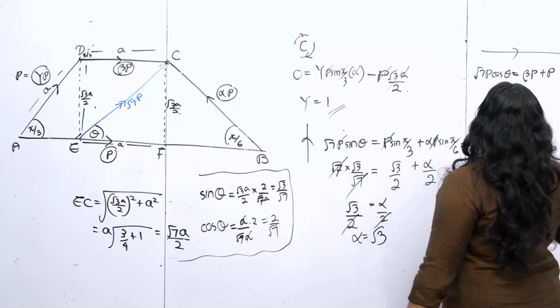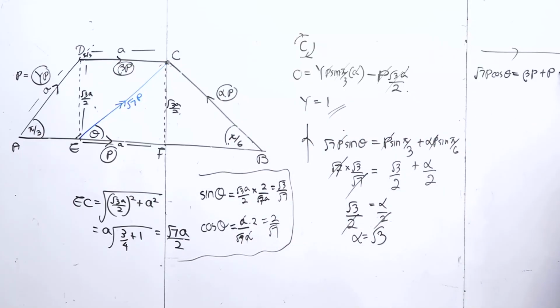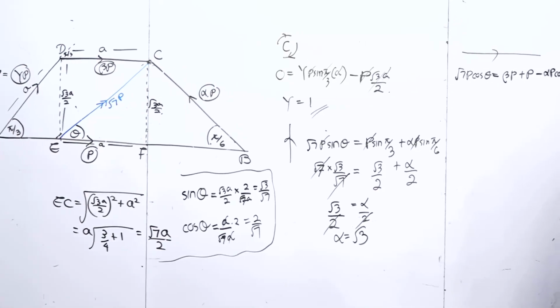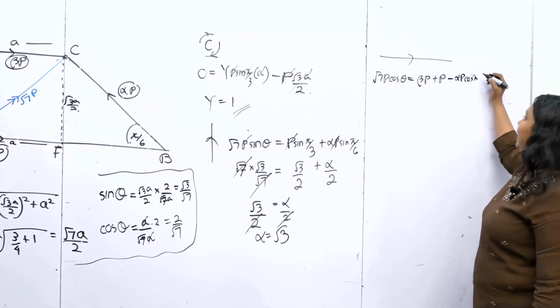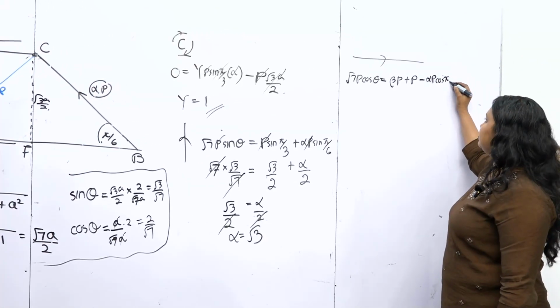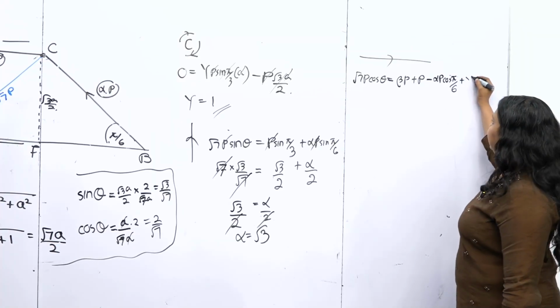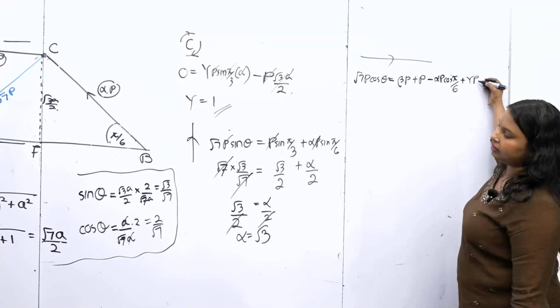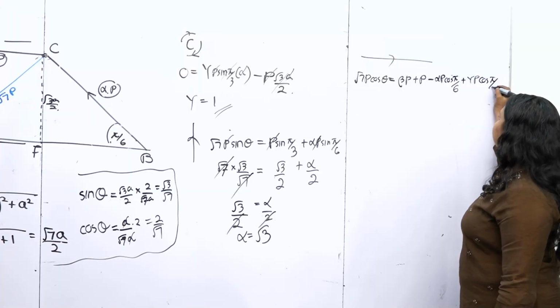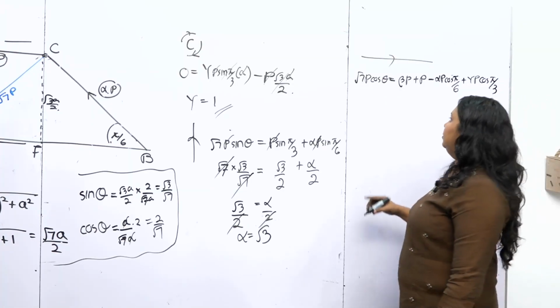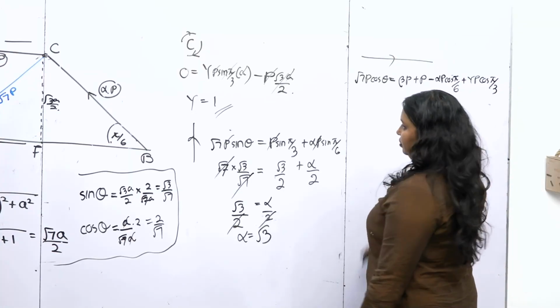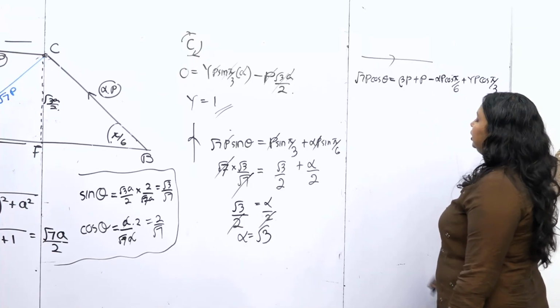Okay. Therefore, minus alpha p cos 5/6, plus gamma p cos 5/3. Is it clear? Okay. So now let's replace the values we found.